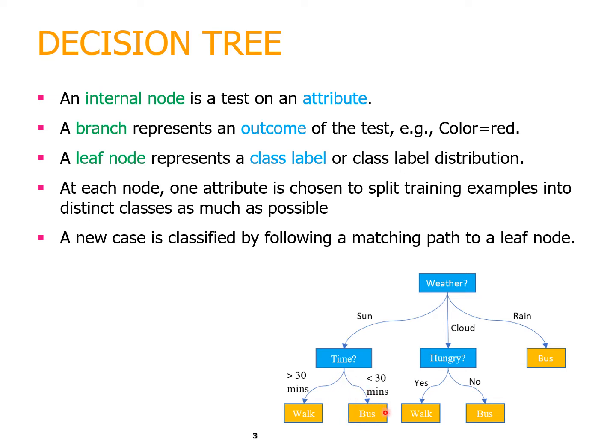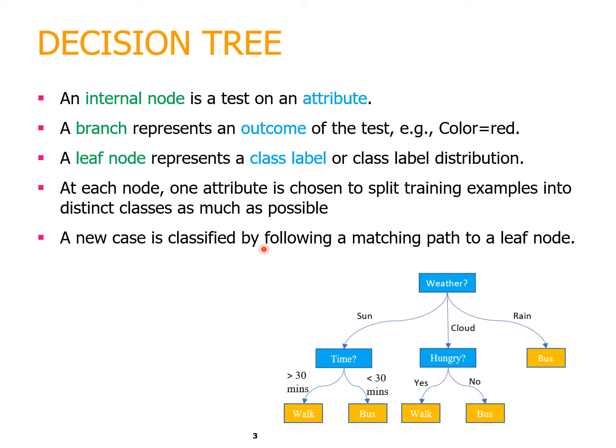So every internal node, in this case the nodes in blue, means an attribute of data. Each branch means the attribute value. And the leaf nodes down here are the class values of data. So when you want to classify new data, you simply follow the matching path to a leaf node.